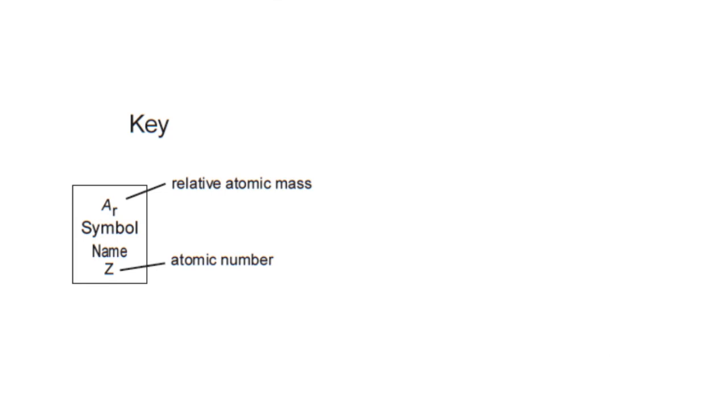This is the key. This is the information that's given on your exam paper. So you have the symbol in the middle, which tells you the name of the element. Then the bottom number is the atomic number. Let's look at an example.